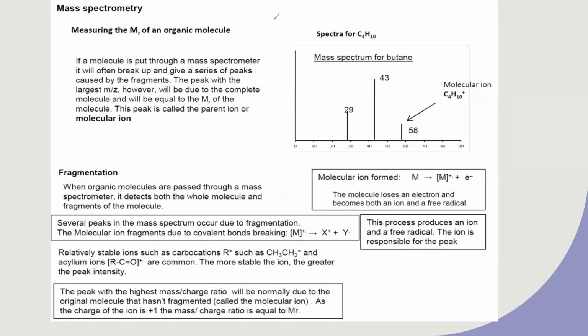So for example, say in the beginning we have butane. Butane means 4 carbons, and the general formula of alkane is CnH2n+2. So the number of hydrogens will be twice plus 2.